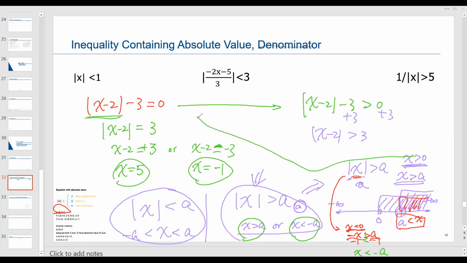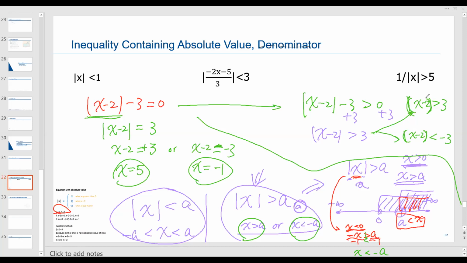Let me do this one. So this one can be switched to what? Let me go back a little bit. X minus 2 should be greater than 3, or X minus 2 should be, now we get rid of the absolute value, less than negative 3, right?